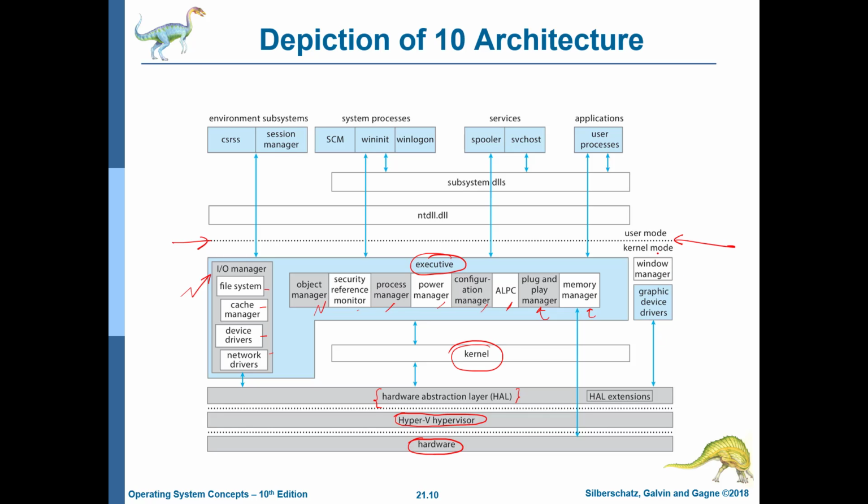Then there is also a part of the windowing subsystem, which in Windows at least runs partially in kernel mode, as opposed to Linux. In this case, we have device drivers for graphics cards and a part of the window manager which runs in kernel mode. In Linux, of course, a large part of it runs in user mode, which in a sense is good and bad.